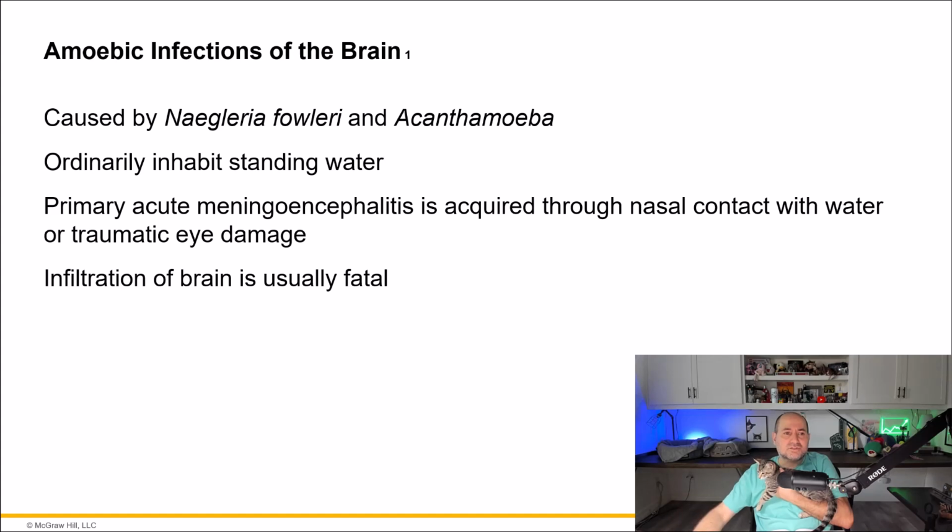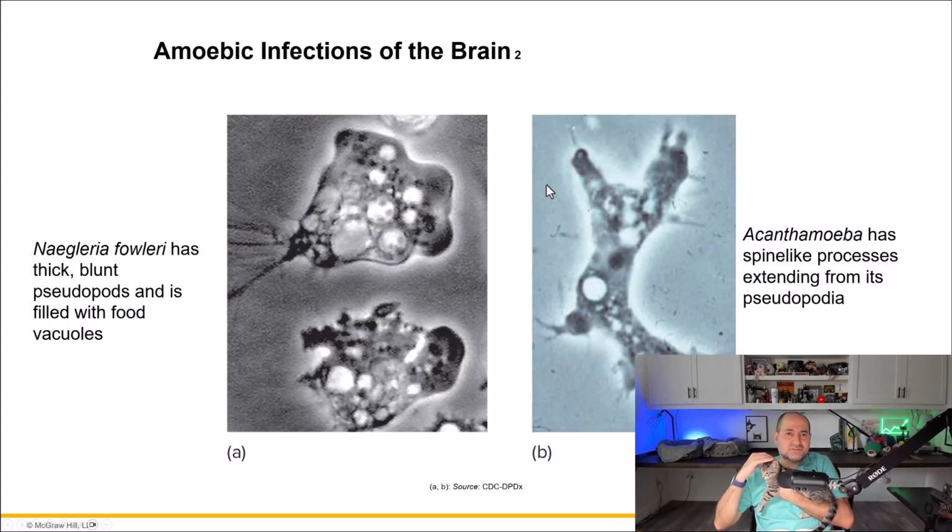And these are caused by Naegleria fowleri and Entamoeba. On the left, you can see the creature Naegleria fowleri with its thick, blunt pseudopods, and it is filled with food vacuoles in this image. On the right, you can see Entamoeba, which has spine-like processes extended from its pseudopodia.